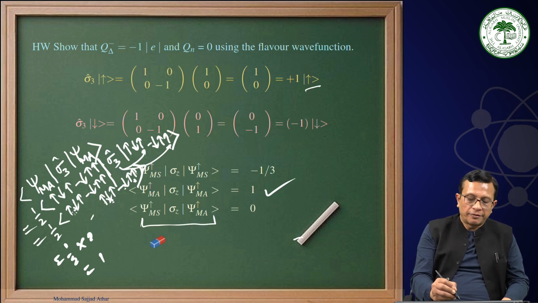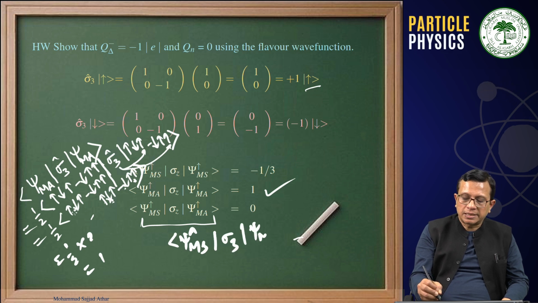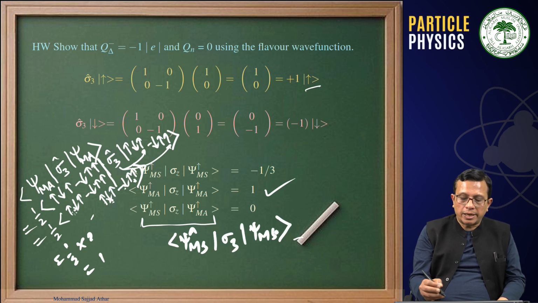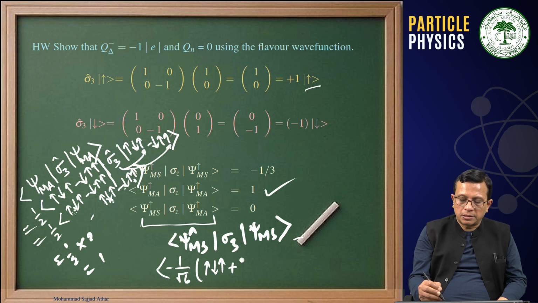And then we have, for example, if we take this case, psi MS, sigma 3, psi MS, then in that case this will be minus 1 by root 6, up, up, plus down, up, minus twice up, down.